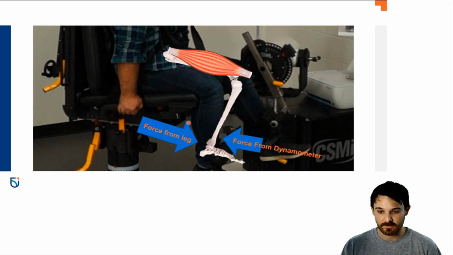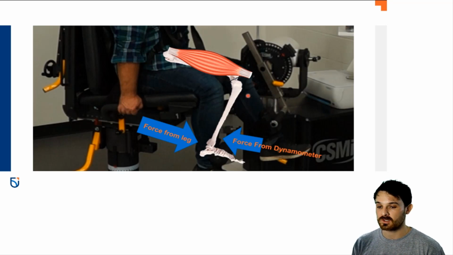starting off in a fully flexed 90 degrees position. And we'll use these force vectors to give us the analogy. So him being concentric, if he's kicking out this way, he has a larger force vector from his leg than the machine is exerting. Now, it's going to limit him at given speeds, and it's going to exert as much force as it needs to, but it's always going to be a little bit less than what his leg is exerting because he's moving the robotic arm or the robotic element of it forward.